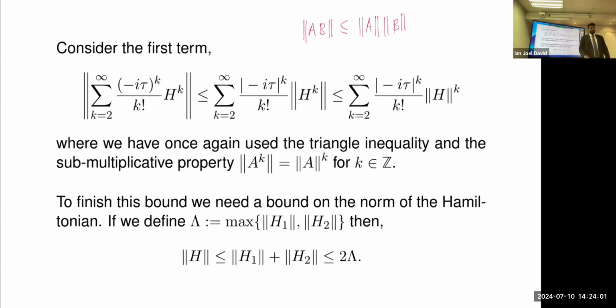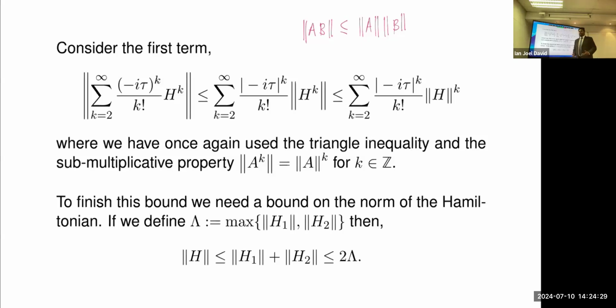Okay, and to do this, we need to effectively bound the norm of the Hamiltonian. Now, if I give you an explicit matrix, you should be able to find the norm of this matrix. If I give you an operator, it's a bit more tricky, but for certain types of operators you can very easily find the norm. However, I've just told you that H is a Hermitian operator.